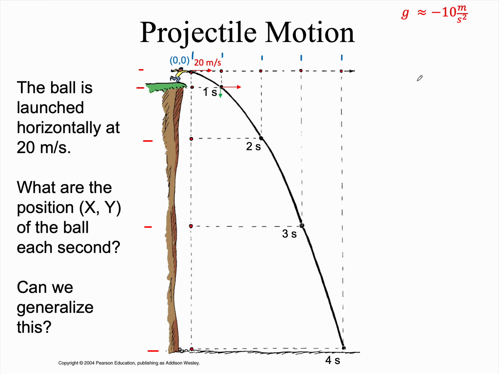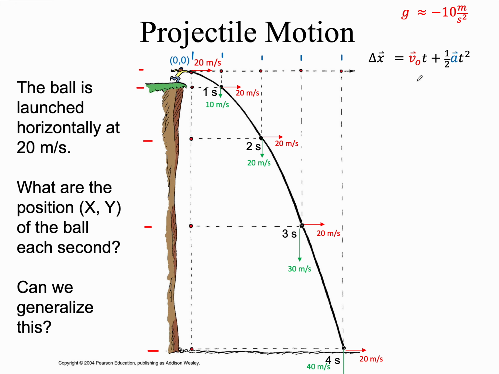The horizontal velocity stays constant. The vertical velocity, though, is increasing by 10 each time. So it's going 20 meters per second there, 20 meters per second there, 20 meters per second there. And vertically, 10 meters per second here, 20 here, 30 here, and 40 down there, which is actually going off the end. And now the coordinates.